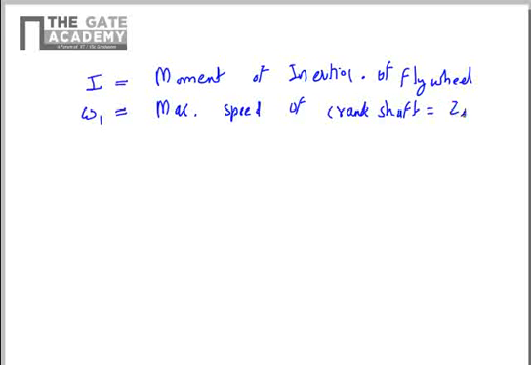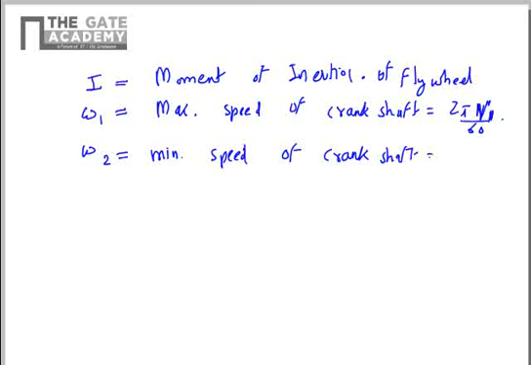So this will be equal to 2 pi n1 by 60, where n1 is the maximum RPM of the crankshaft. Definitions are simple. And then we have omega 2, that is the minimum speed of the crankshaft. This will be equal to 2 pi n2 by 60, where n2 is the minimum RPM of the crankshaft.